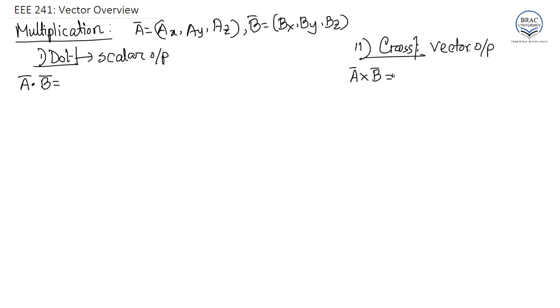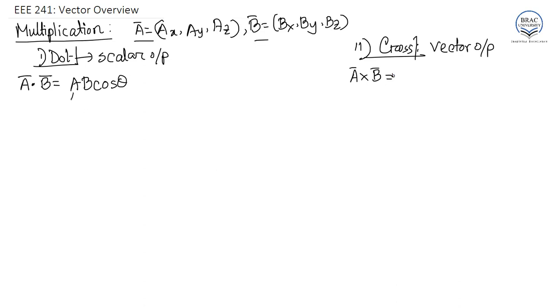Whenever we are carrying out a dot product between two vectors given by A and B, the formula that we will be following is AB cos theta.